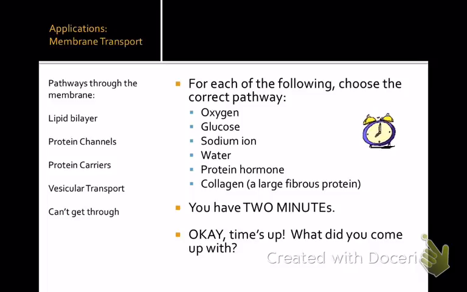It's a channel. Okay, what about a protein hormone? It needs a vesicle. Protein hormones have to be picked up by vesicles if they get in or out of a cell. Remember, they could be leaving the cell as well as entering the cell.